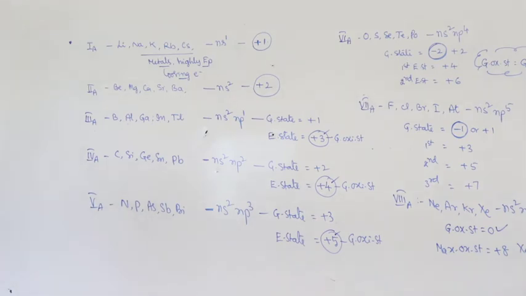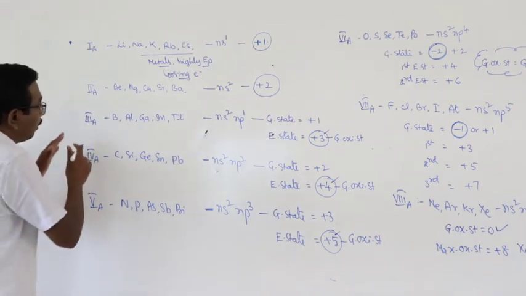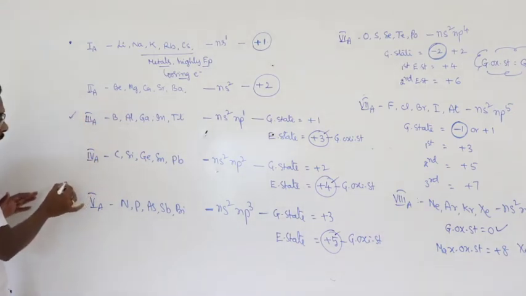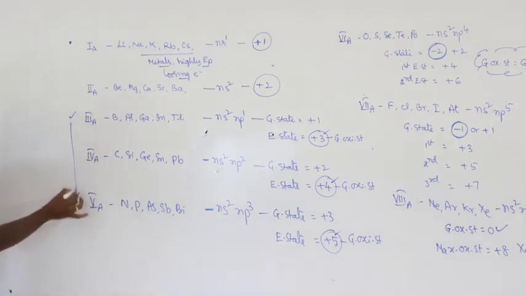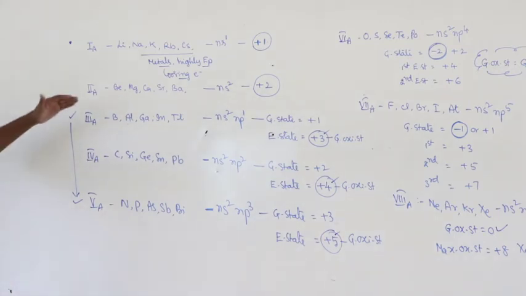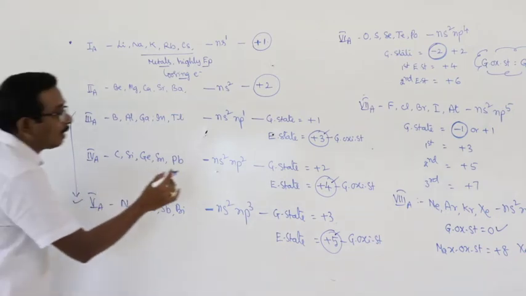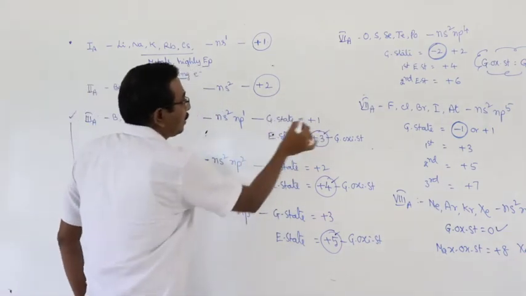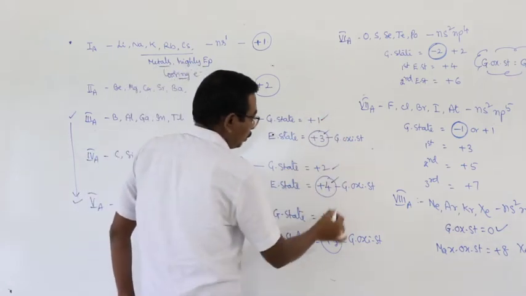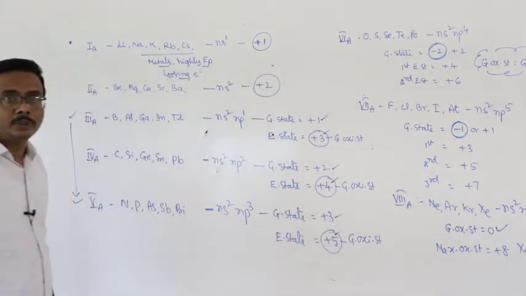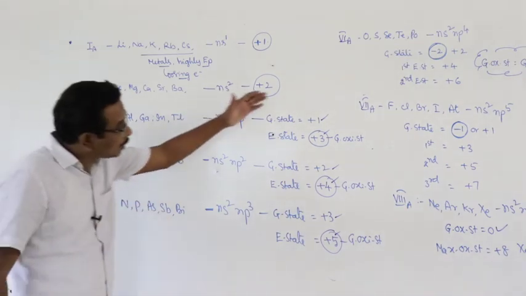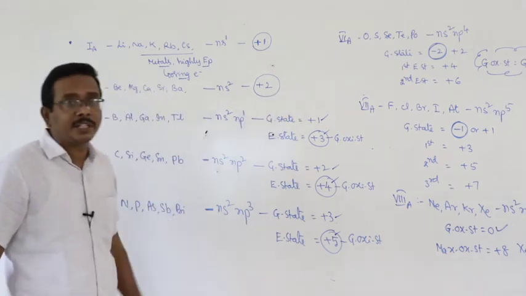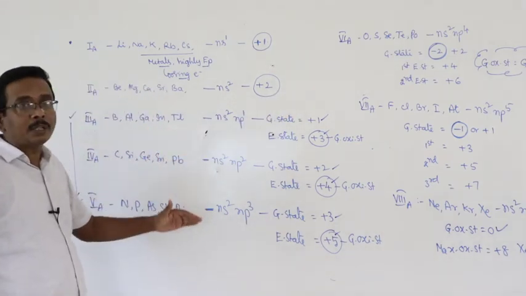But there is an important note. Particularly in the 3rd group to 5th group elements, the stability of the lower oxidation states, that means +1, +2, +3, gradually increases from top to bottom.